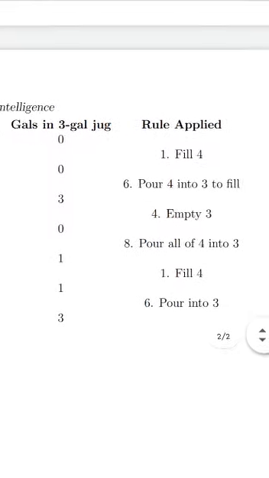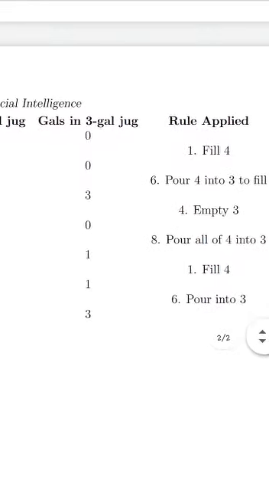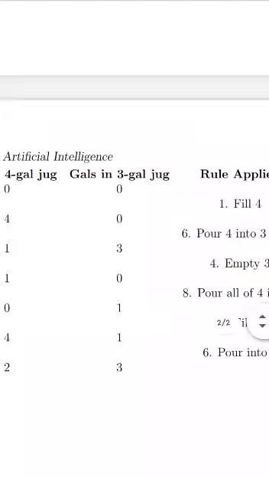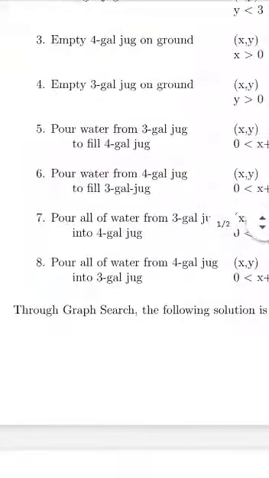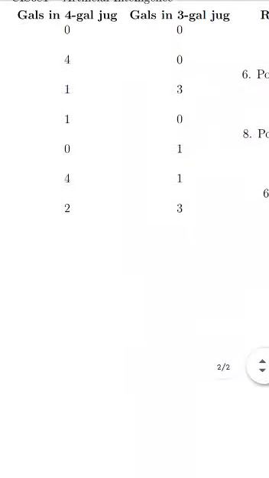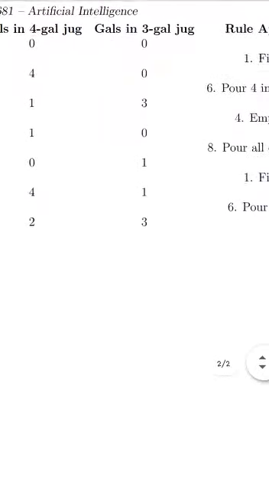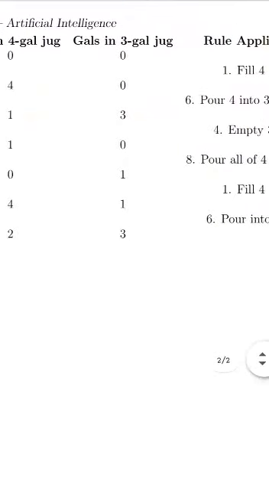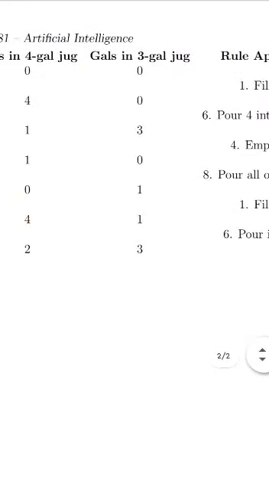Now we pour into 3 using rule number 6, pouring some water from the X jug into Y. So X will become 2 and Y will become 3.